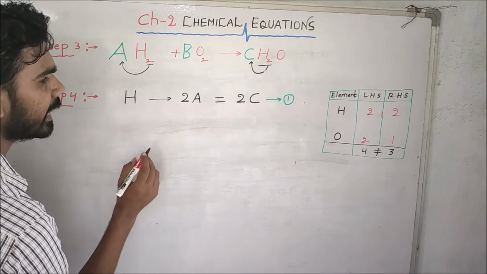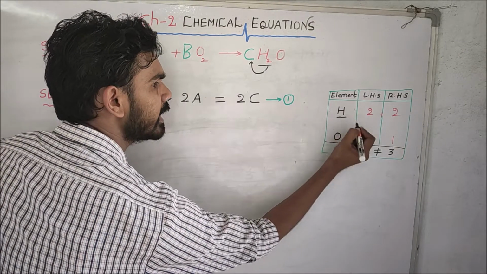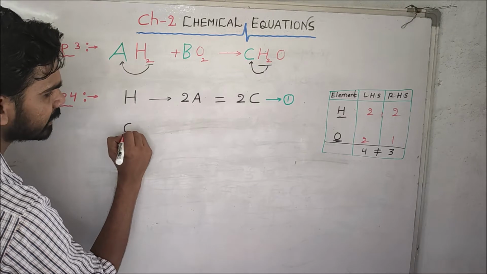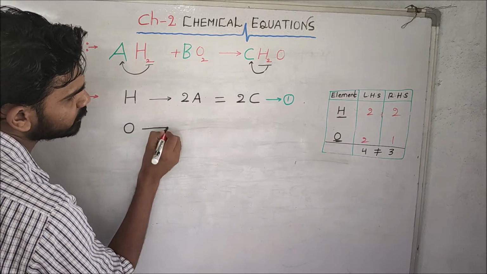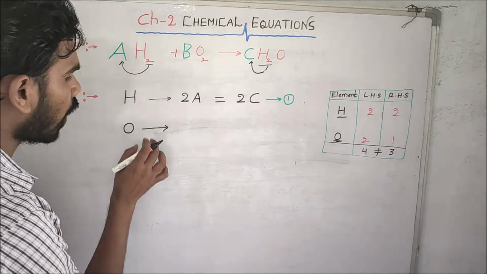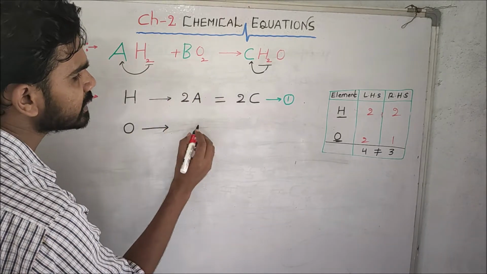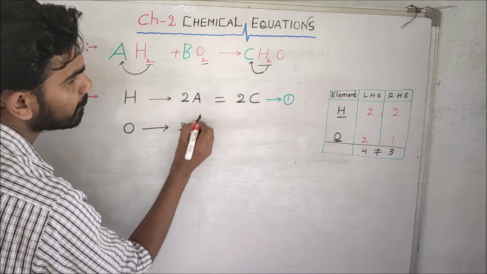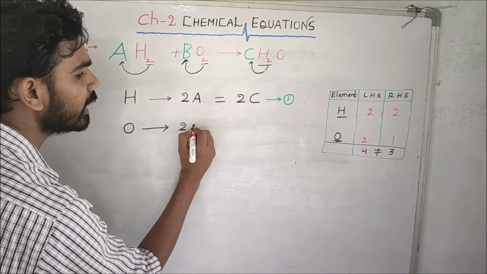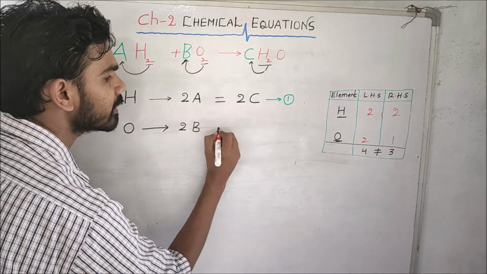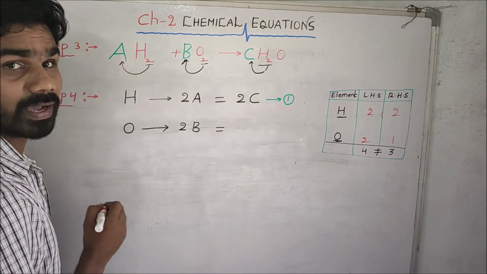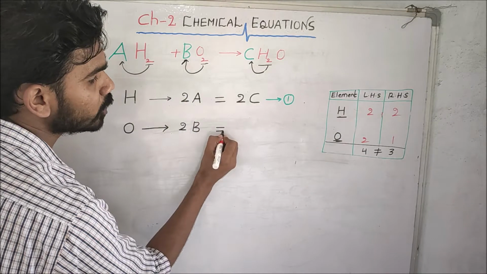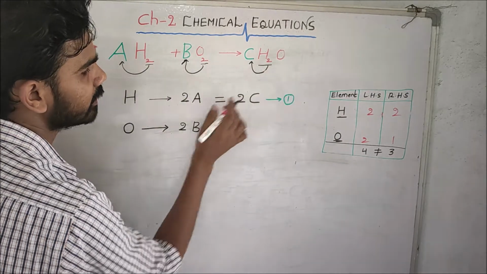We will go to second. Hydrogen is finished. Now second atom is what, Nana? Oxygen. Oxygen on left hand side, how many are there? You can see 2. Belongs to which family? B family. Very good. Now finished on left hand side, it should be equated to right hand side.